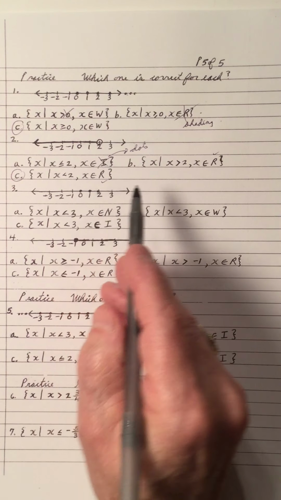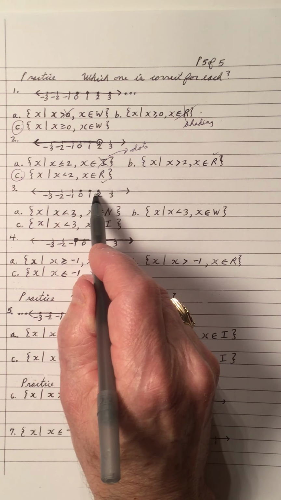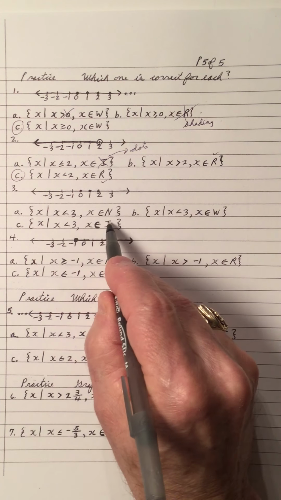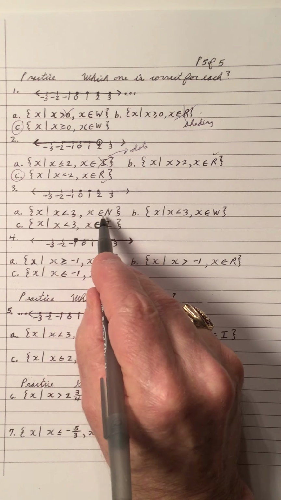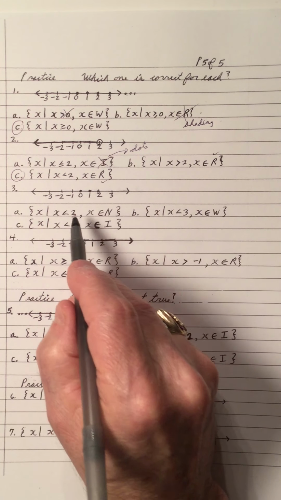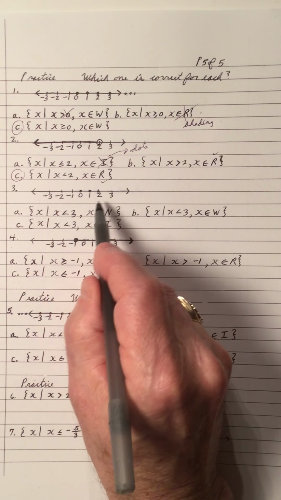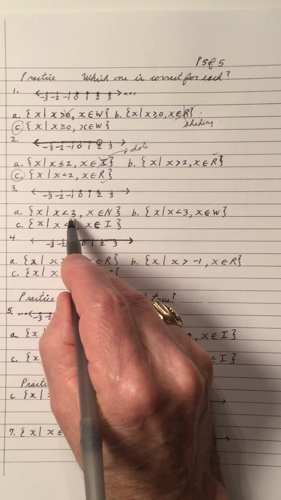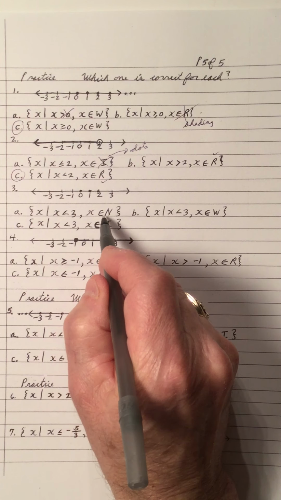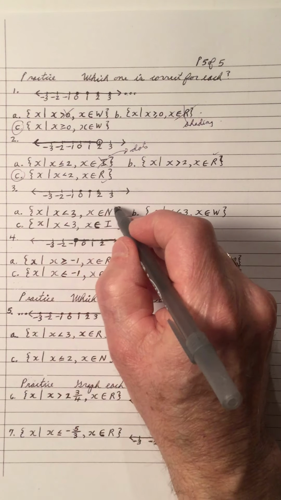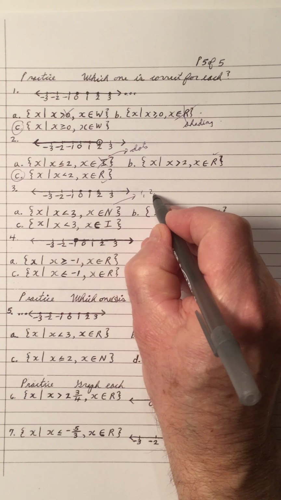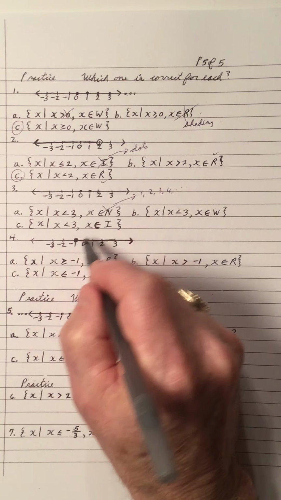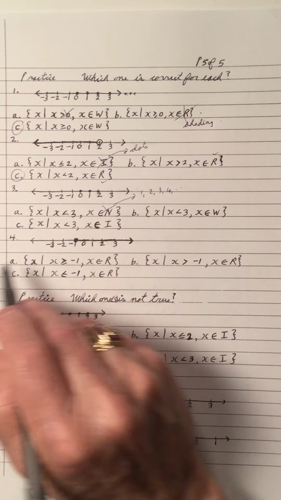Number 3. Again, we have dots. So real numbers, nope, I don't have real numbers. I only got naturals, wholes, and integers. So these mean dots. So I have less than 3. 3 is not included. Good, 3 is not included here, here, or here. So if I have the natural numbers less than 3, but the natural numbers are what? 1, 2, 3, 4, etc. I have a 0, so it's not naturals, because natural numbers can't have a 0.